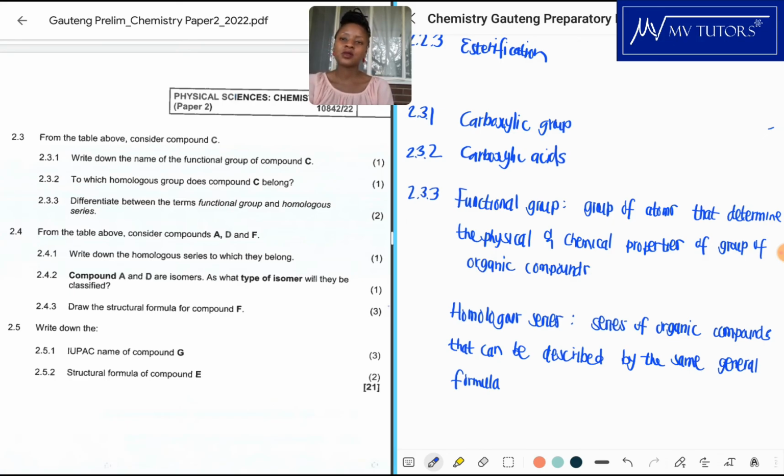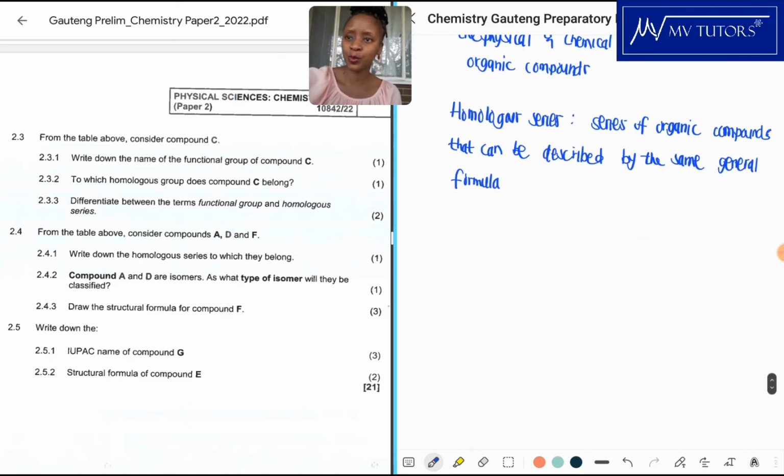Okay, so it has to do with the chemical and physical properties, whereas a homologous series is a series of organic compounds that can be described by the same general formula. Okay, if they belong to the carboxylic group, then they will have the COOH. That's how we know carboxylic acids. So that is the difference, and it's only 2 marks.